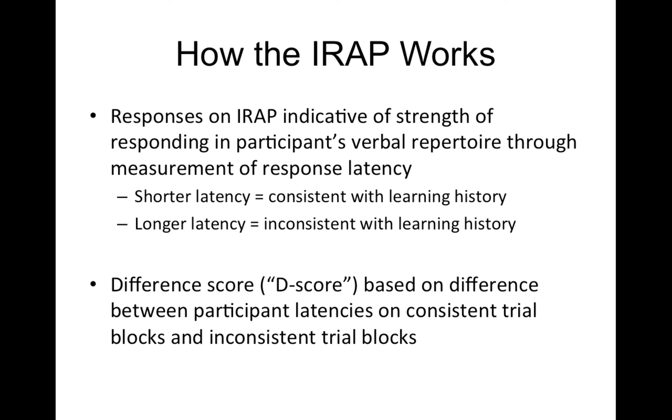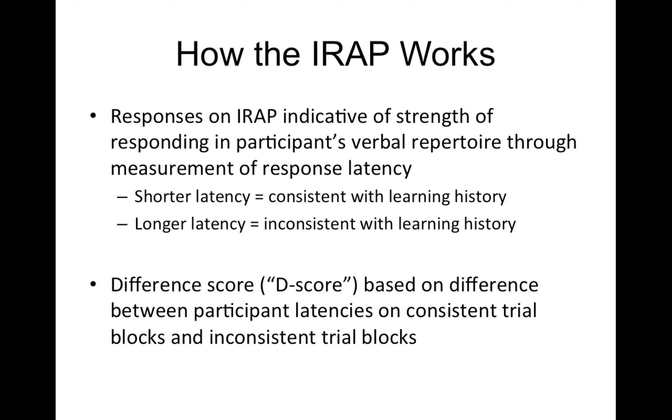So for example, flowers are beautiful, food is delicious, and then an inconsistent one might be, for example, wasps are beautiful and garbage is delicious, right? So consistent is going to be something that's in line with what we typically learn socially, and inconsistent is going to be the flip side of that.